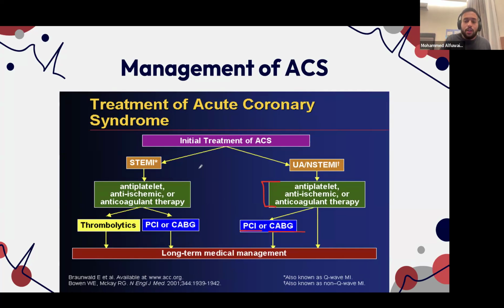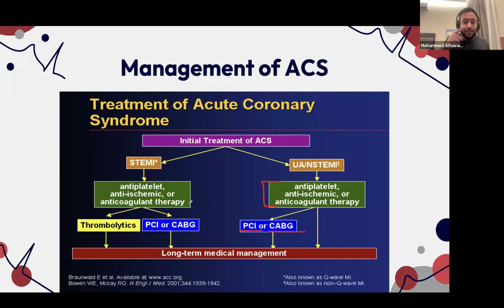Now for STEMI, you always have to treat somehow, because it's fully occluded, while the other one is not fully occluded. You start with the same management. You first do ECG, cardiac enzymes. You start the patient on antiplatelet, anti-ischemic, or anticoagulant therapy if they don't have contraindications to them. Then you start MONA drugs.